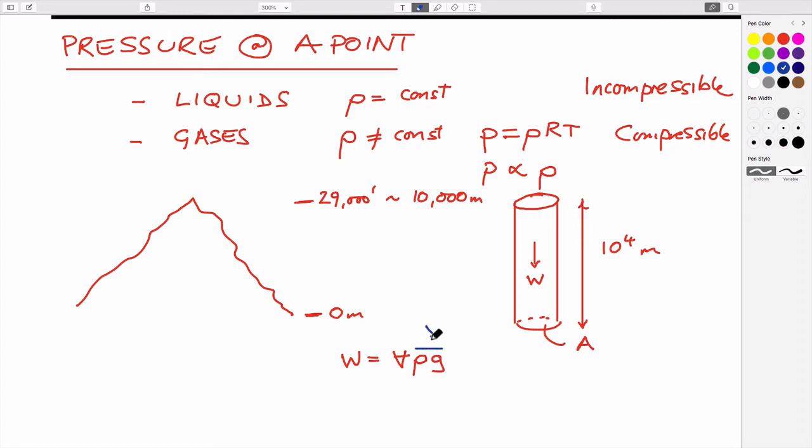We call this unit weight, which is in kilonewtons per meter cubed, which is just 1,000 kilograms times 9.81 meters per second squared. And I guess we know that this is also going to be equal to, the volume is just the area times the height, H, times rho G.